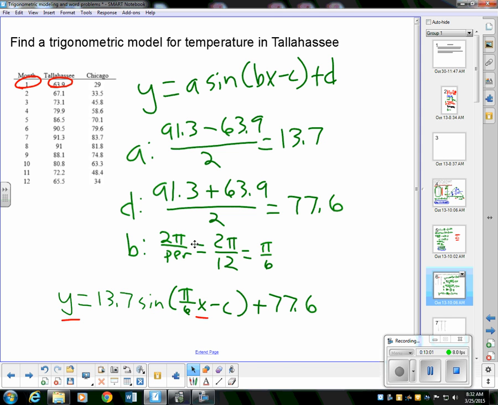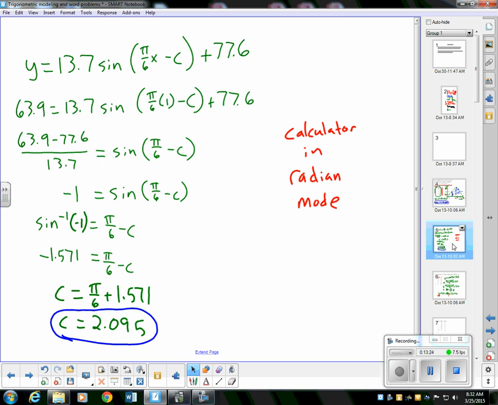So we're going to plug in 63.9 for y, and 1 for x, because that comes from the table up here. That's the lowest y value and its corresponding x. And then we're going to solve. Solving is done with this screen here. You may want to pause your video and copy this down.